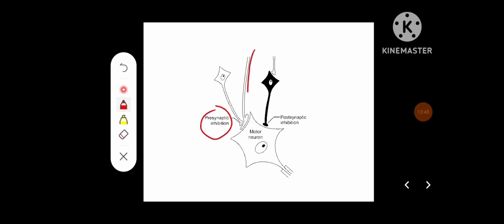Here, this is usually the excitatory neuron, and this interneuron forms the axoaxonic synapse with this excitatory neuron. It is usually inhibitory and secretes an inhibitory neurotransmitter, thus suppressing the excitatory impulse on the motor neuron.